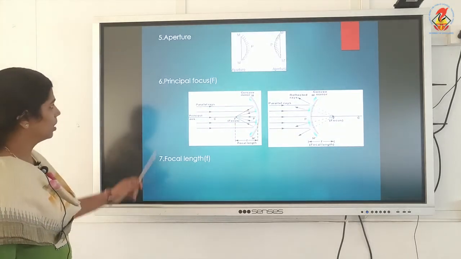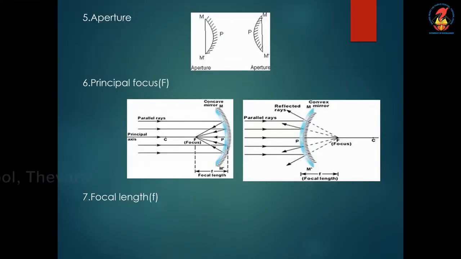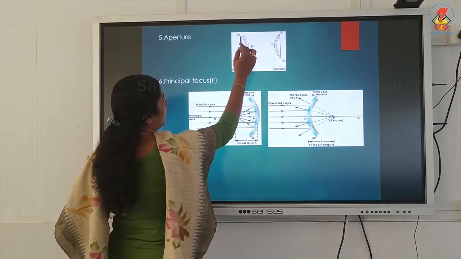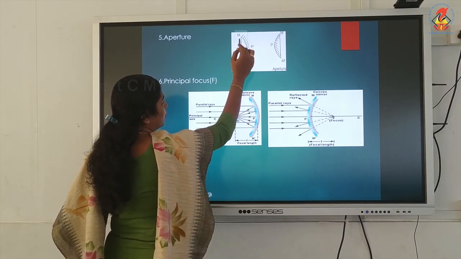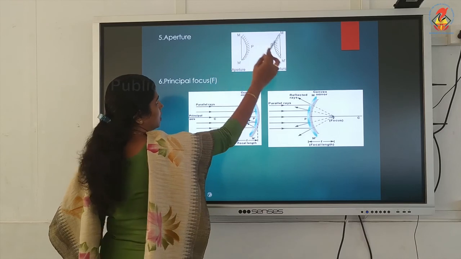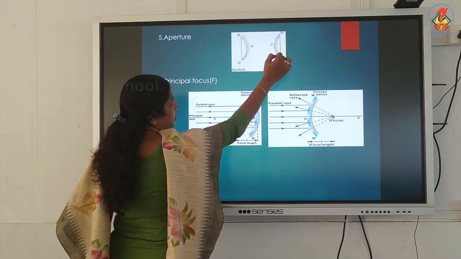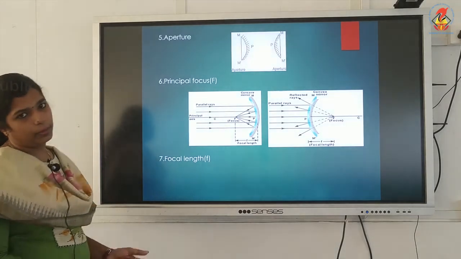Next is aperture, that is the diameter of the reflecting surface. Here this portion will reflect the light. So the diameter of this reflecting surface is known as the aperture.